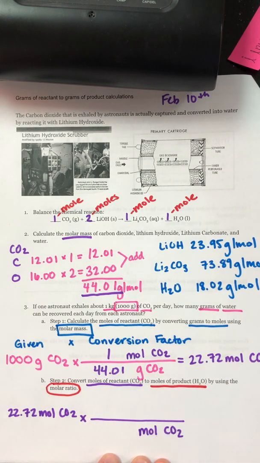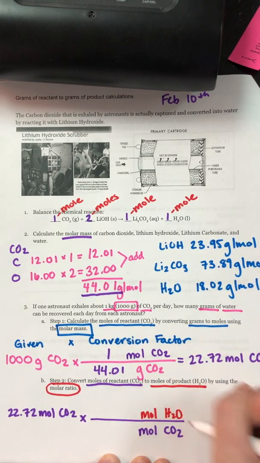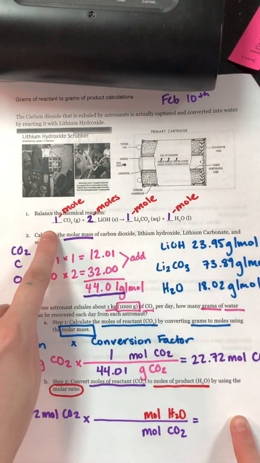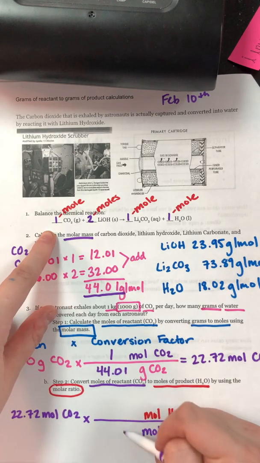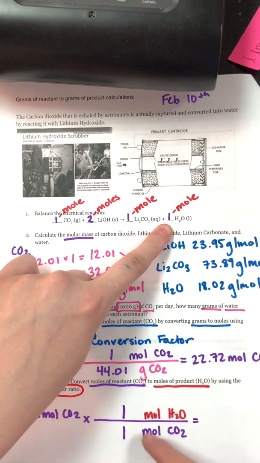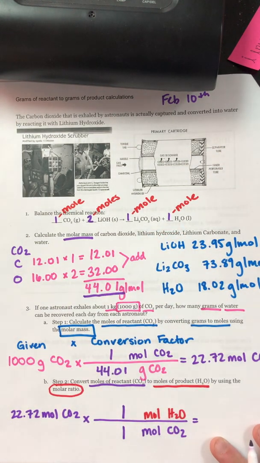And what I want to end up with at the end is moles of product, or mole H2O. Okay? And I look again up here in the balanced chemical reaction and I see that it's 1 mole of carbon dioxide for every 1 mole of water.